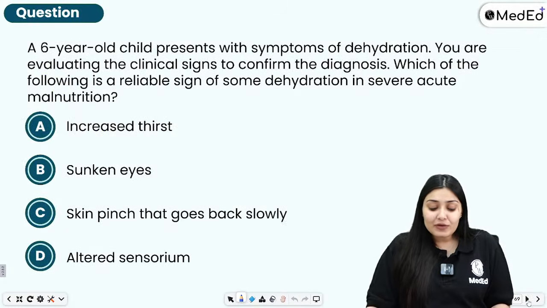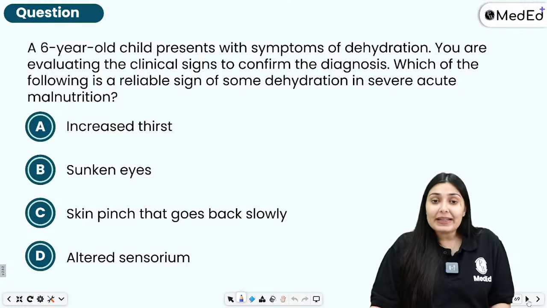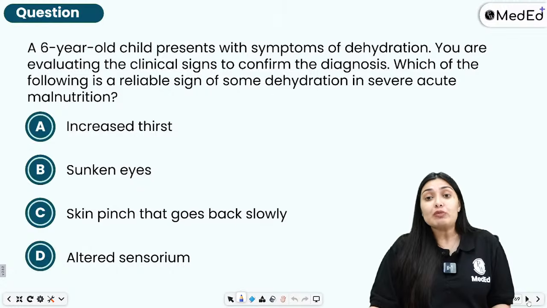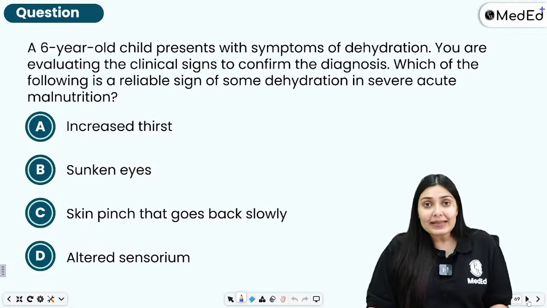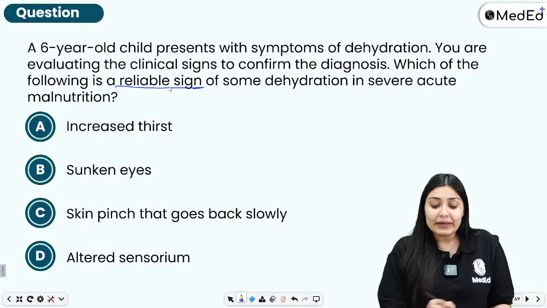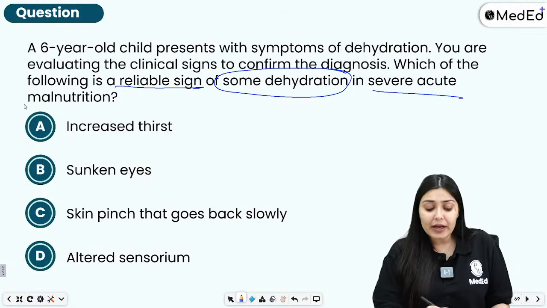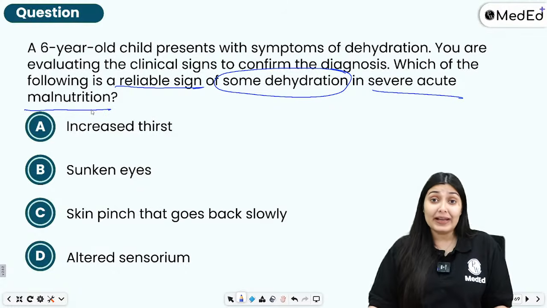So now let's move to the next question. We have a 6-year-old child that presents to us with the symptoms of dehydration. You are evaluating the clinical signs to confirm the diagnosis. Which of the following is a reliable sign of some dehydration in a severe acute malnutrition child?